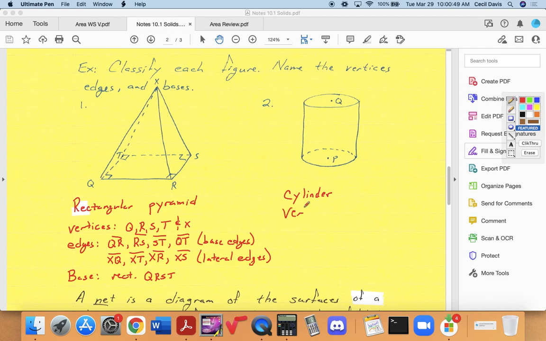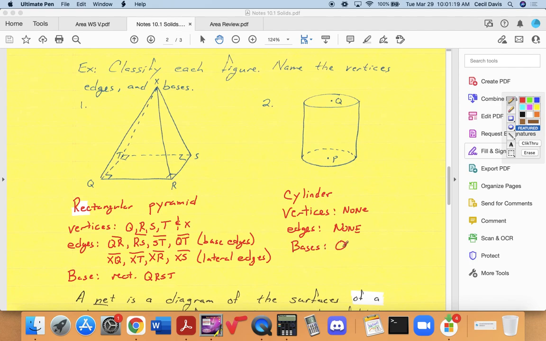So for vertices, there are none. Cylinders don't have vertices. Likewise, they don't have edges either. But they do have bases.